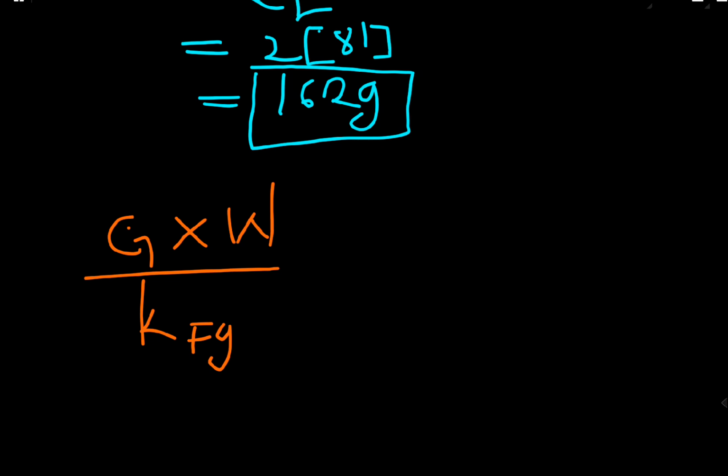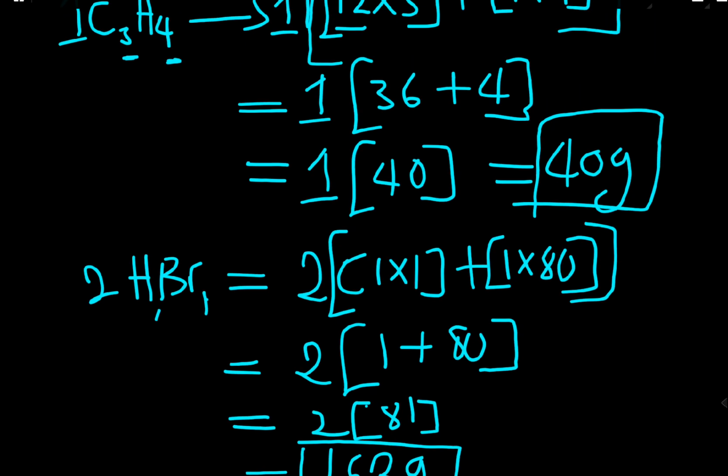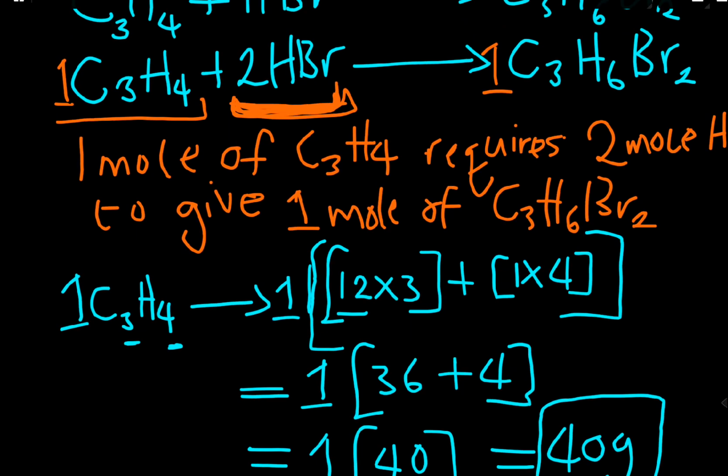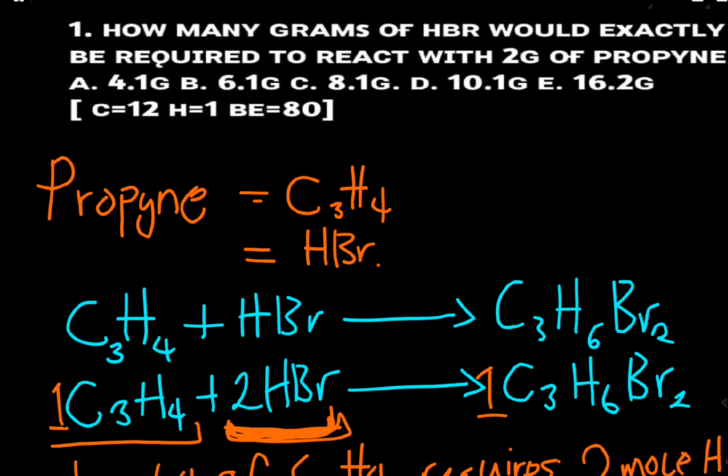In making use of this proportion, we need to remember that from our equation, I would go back, the question says how many grams of hydrogen bromide, meaning what we want is hydrogen bromide, keep that in mind, would exactly be required to react with 2 grams of propyne.